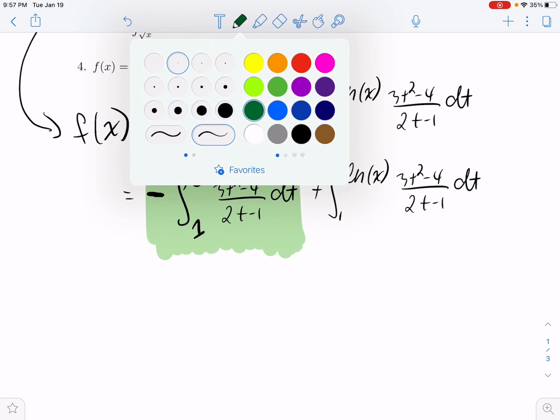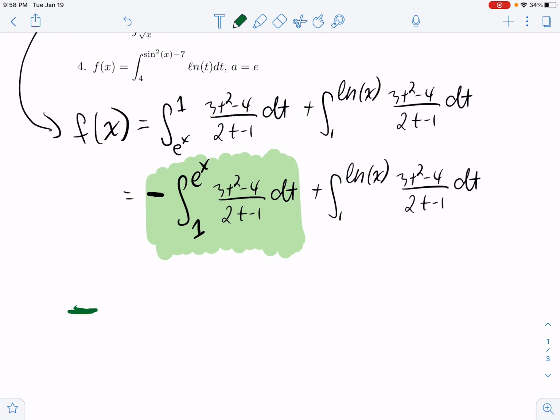We can just do negative. Now, if you remember, we ignore the constant, plug the function in for the t. So I get 3 e to the x squared minus 4 over 2 e to the x minus 1. And then I multiply by the derivative of the function. The derivative of e to the x is just e to the x.